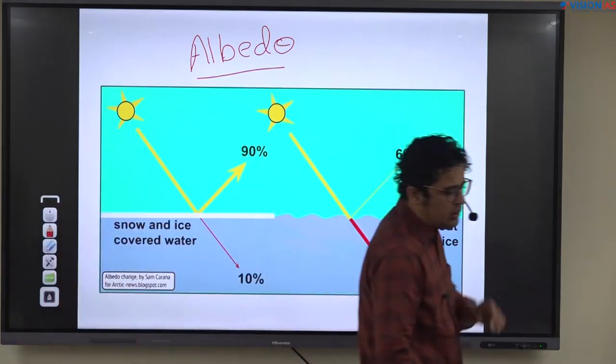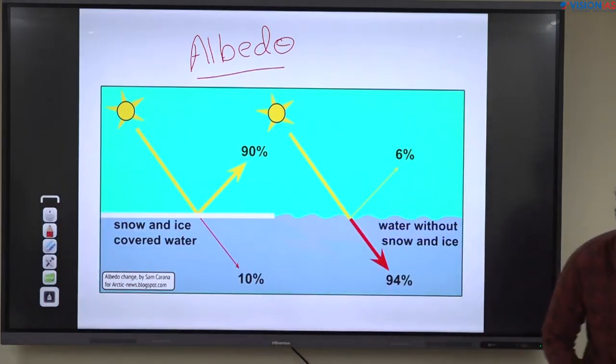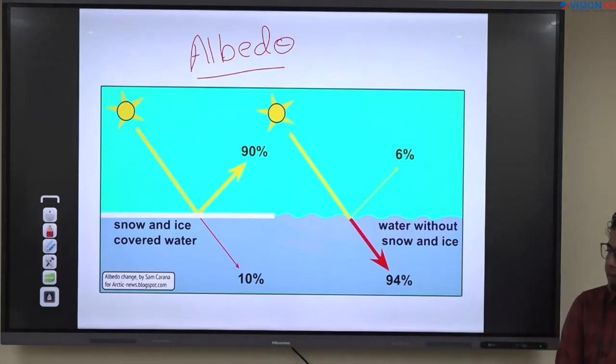Albedo is the reflecting capacity of a plane surface.